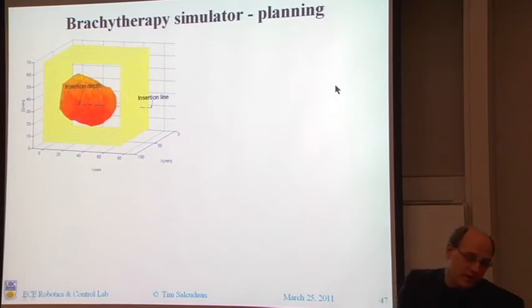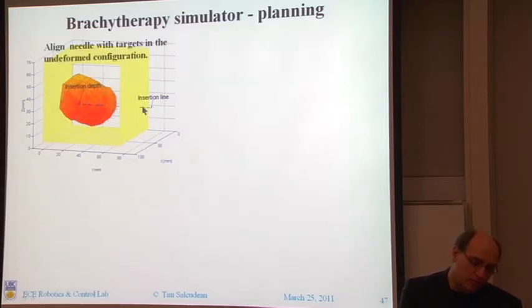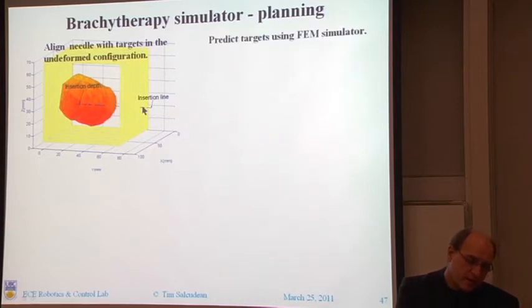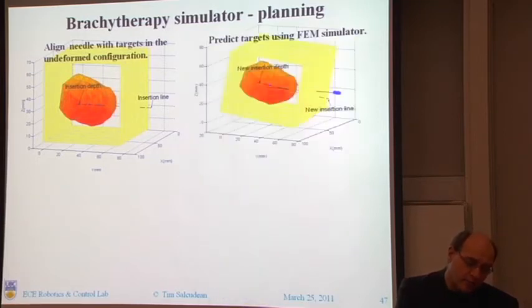This can be used to do planning as well, not only simulation, not only treatment. So if these are the targeted seed locations, you can fit a line through these targeted locations and insert a needle through those lines, and simulate using the finite element simulator where they will actually end up, okay?